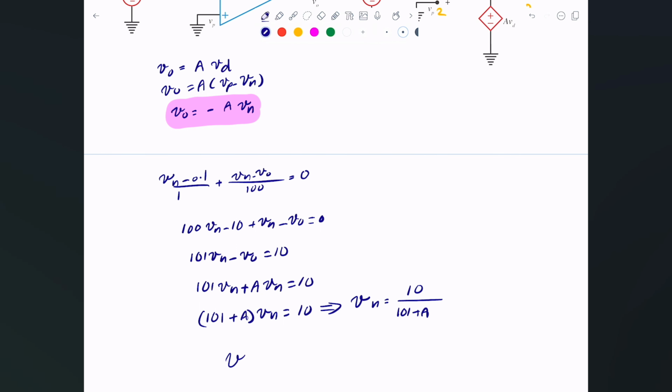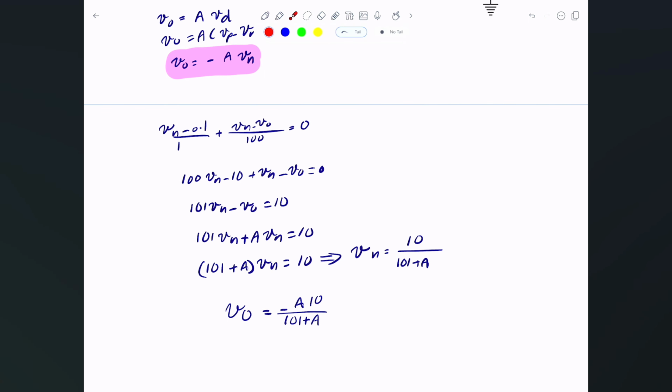I know what V out in terms of V in is: simply negative A times 10 divided by 101 plus A. Of course, if A equals infinity, as we have done before, you will see that this term and this term grow much larger, regardless of the 101.